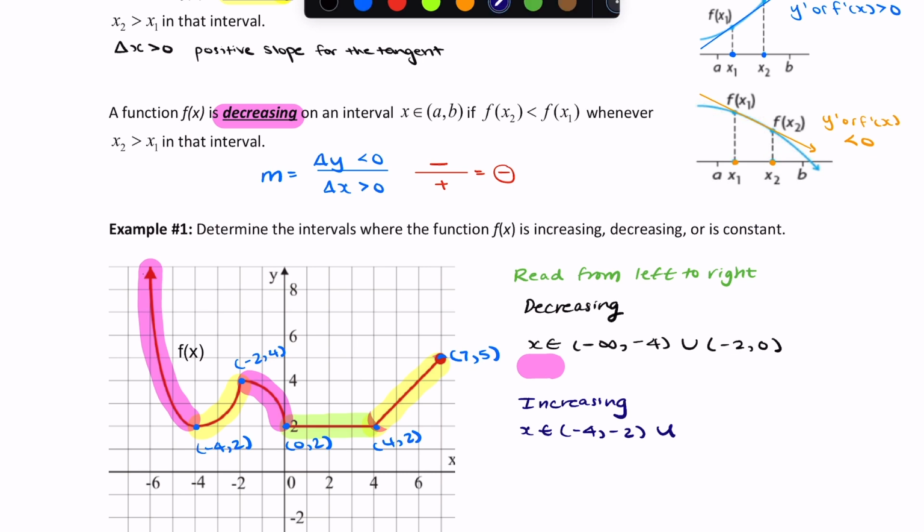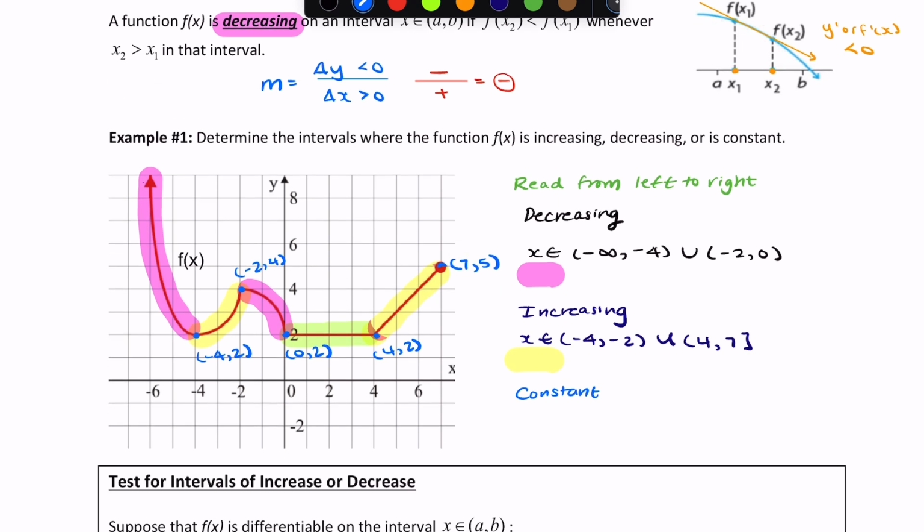It includes 7 because it's a solid point, and so therefore we use the square bracket. There we used the color yellow. And then it's constant between 0 and 4, so we can write x is constant between 0 and 4, and we used green to indicate that.